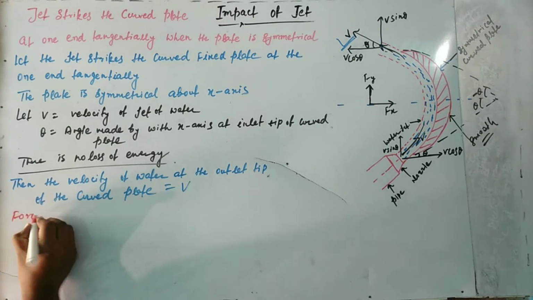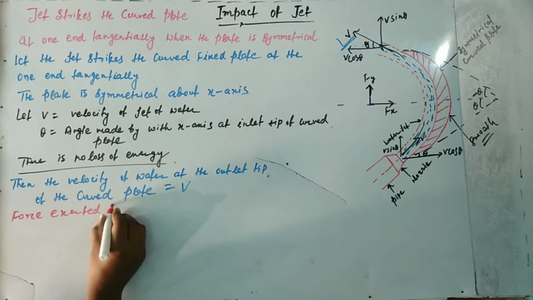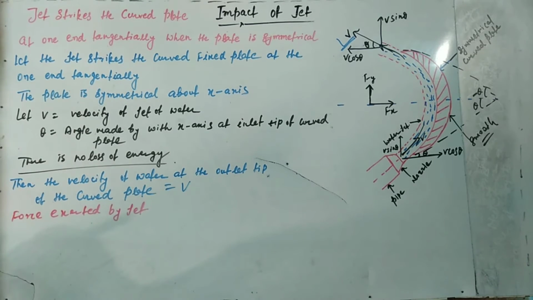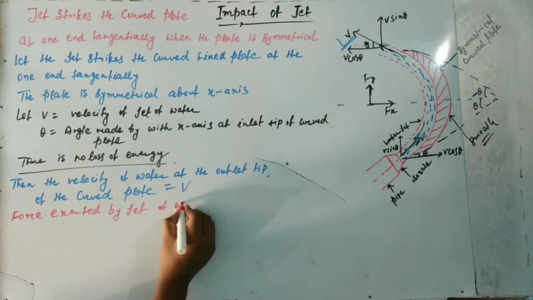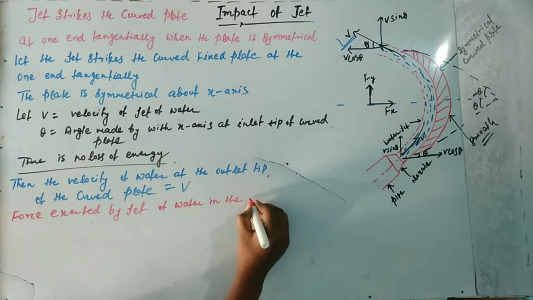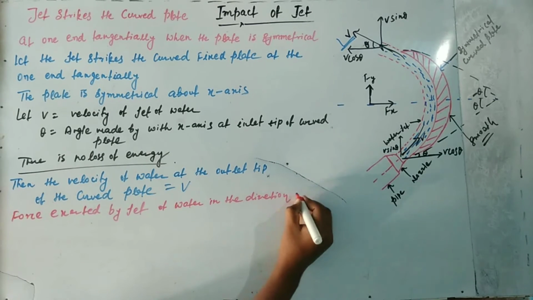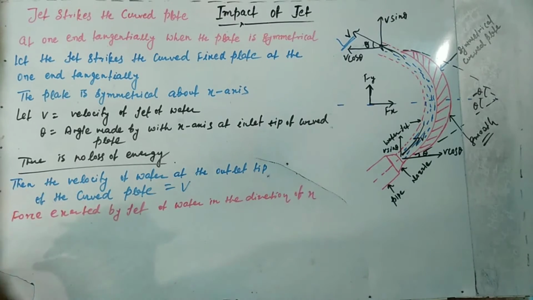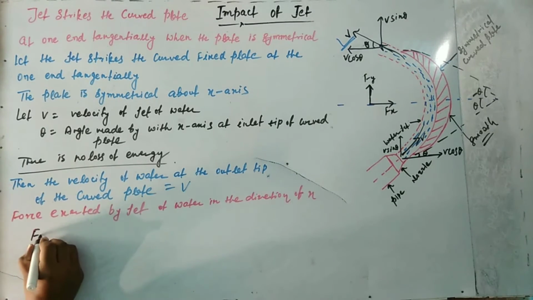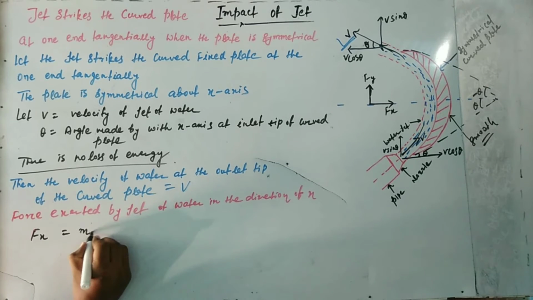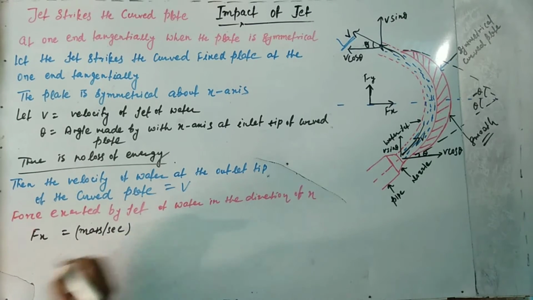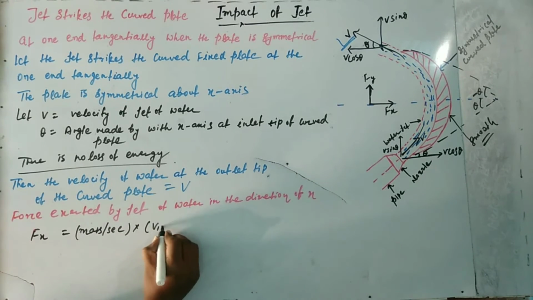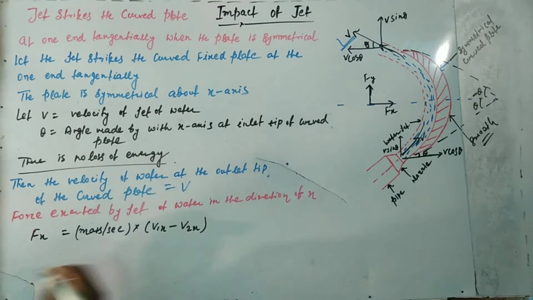Now force exerted by jet of water in the direction of x. First we will find the force exerted by jet of water in x direction. So Fx is equals to mass per second into initial velocity minus final velocity, that is v1x minus v2x.